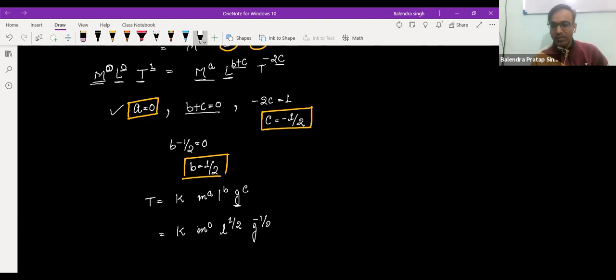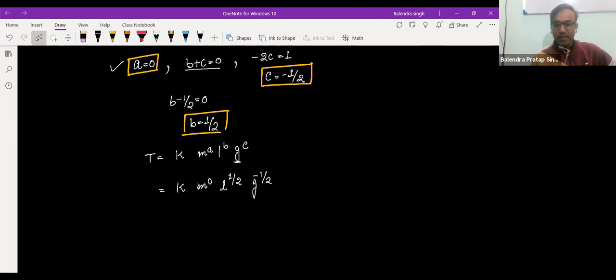So here we have our formula for time period: T equals k, L raised to the power 1 by 2, divided by g raised to the power 1 by 2. If any quantity has power 1 by 2, we can write it in the form of square root. So that will be basically k under root L upon g. Is it clear?